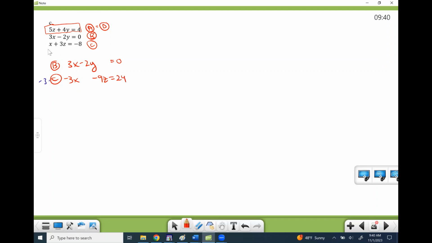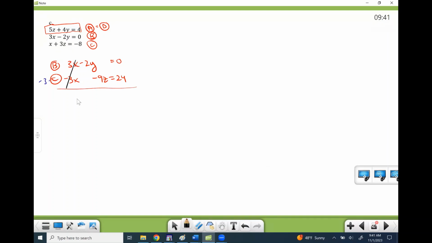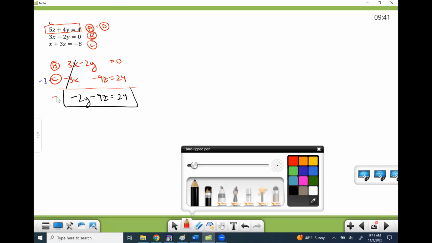So I'm just distributing the negative 3, you guys, to that equation. All right. So if we add downward, these cancel, and we get negative 2y minus 9z equals 24. And that's going to be our equation E.